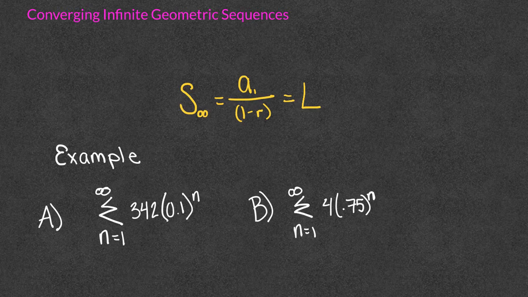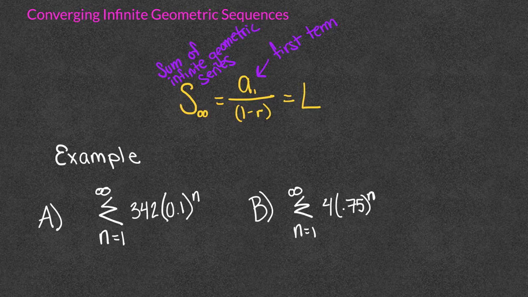That's what that S sub infinity means. A sub 1, just like we've had in the past, just means the first term within that sequence, and you can calculate that through your explicit rule, or sometimes it's given to you. And then we're dividing that by 1 minus r.